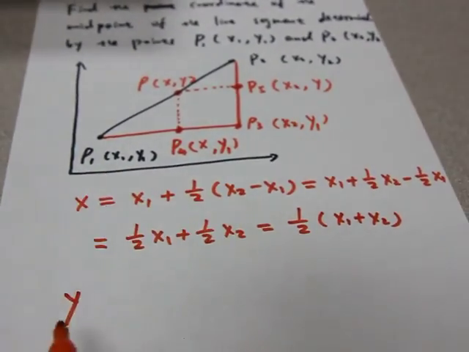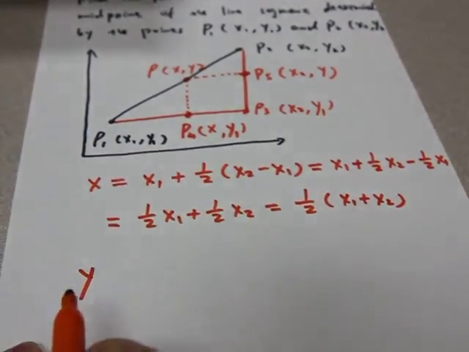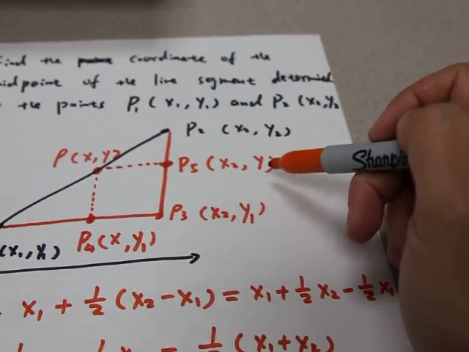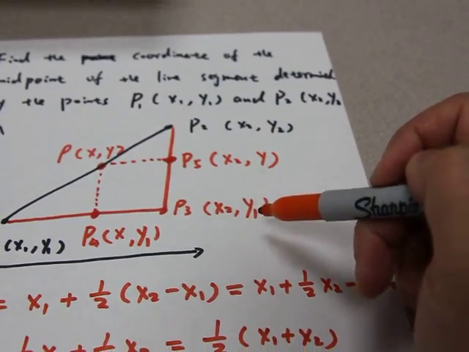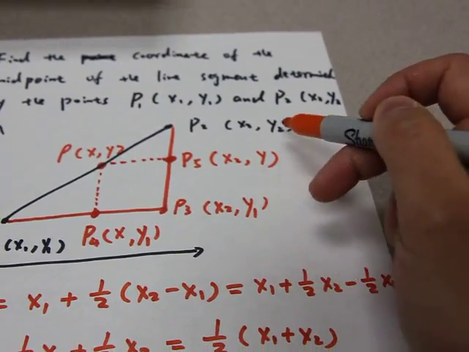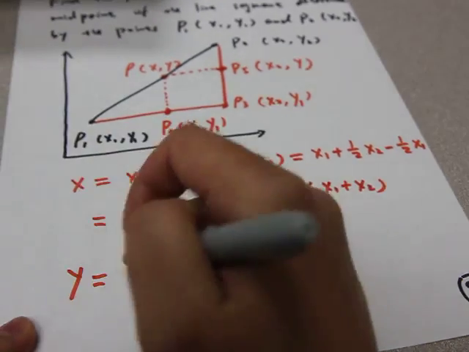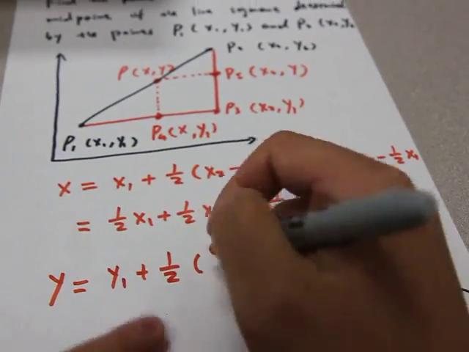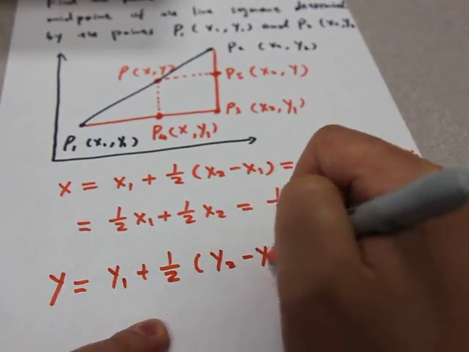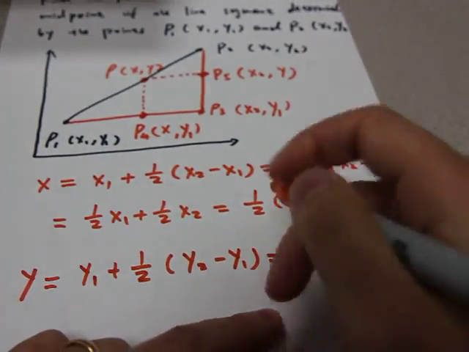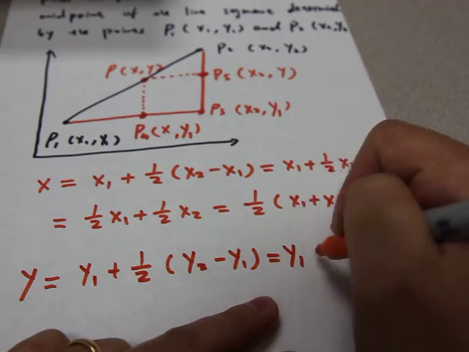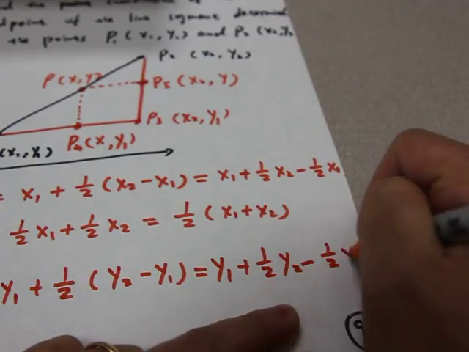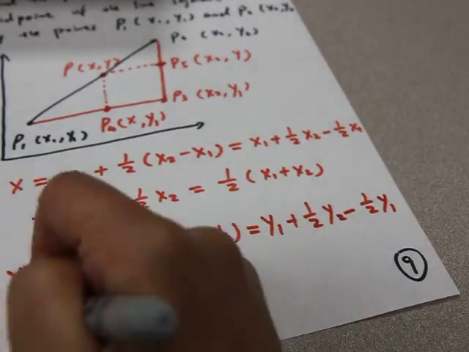And then we can determine y, because y is located 1/2 of the distance from y1 to y2. So y is y1 plus 1/2 times y2 minus y1, which is equal to y1 plus 1/2 y2 minus 1/2 y1.